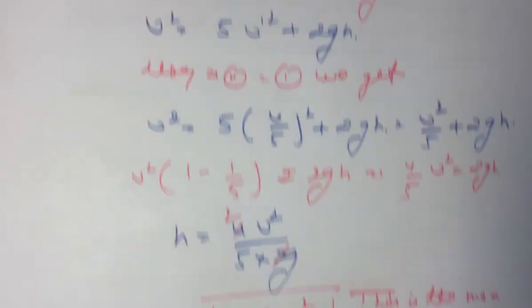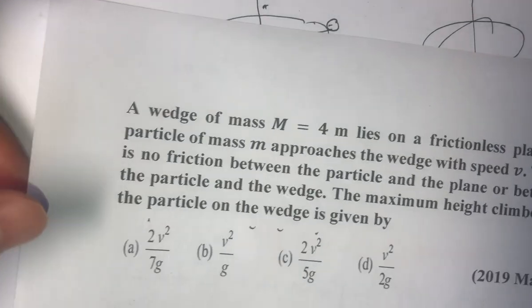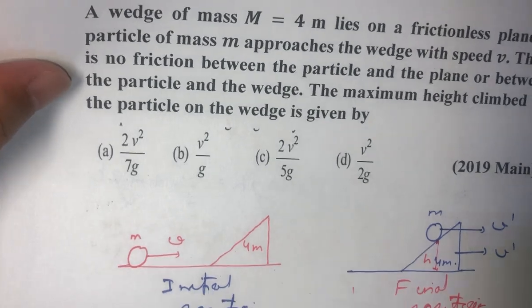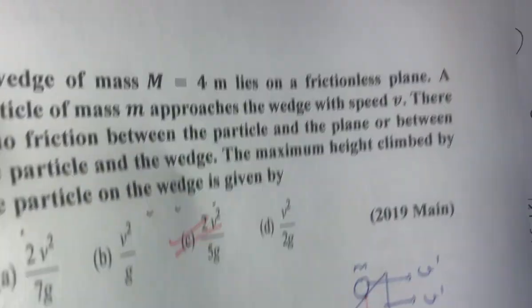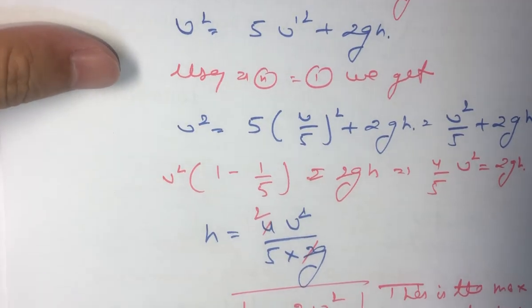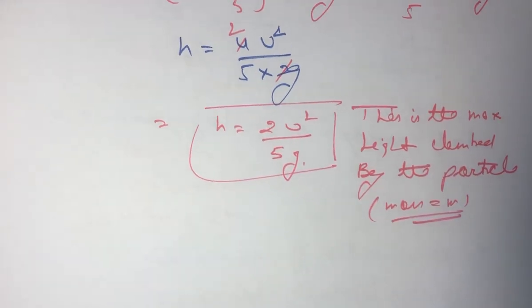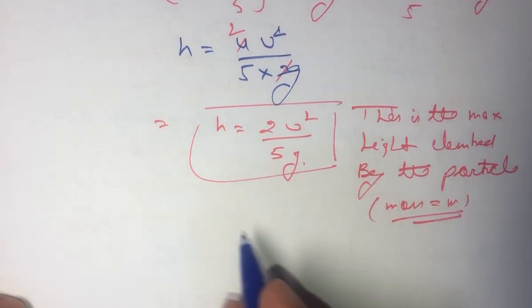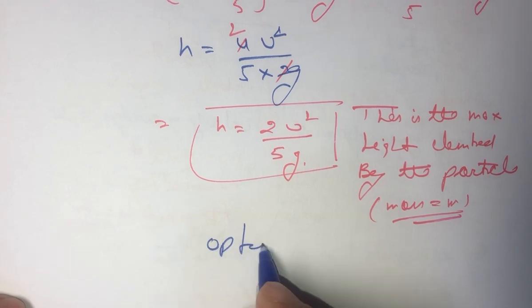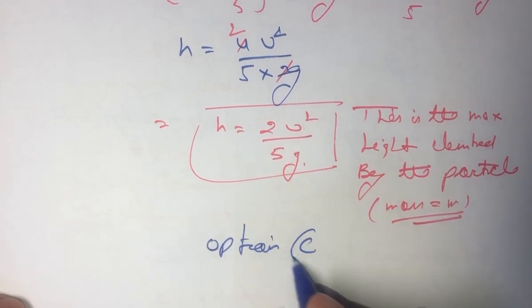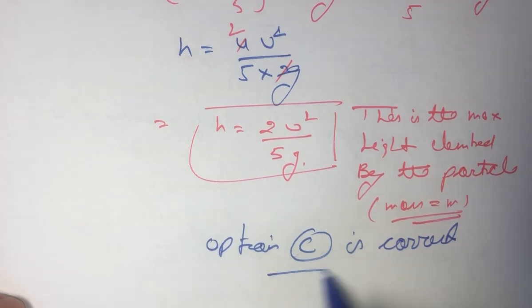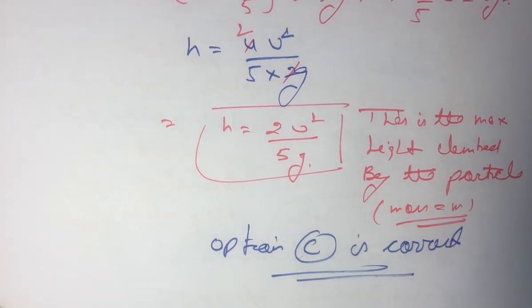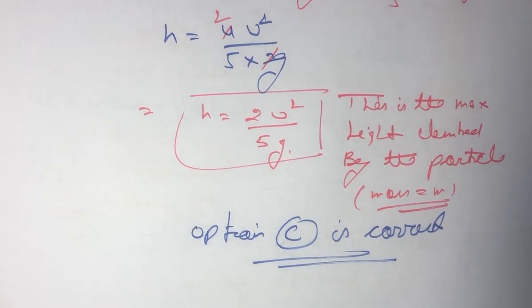Therefore, from the options you can say option number C is the correct option. Therefore, we can say that option C is correct. So this completes the question. Thank you.